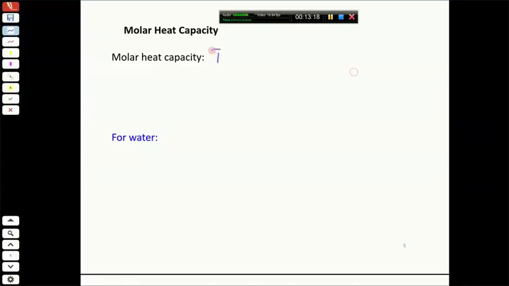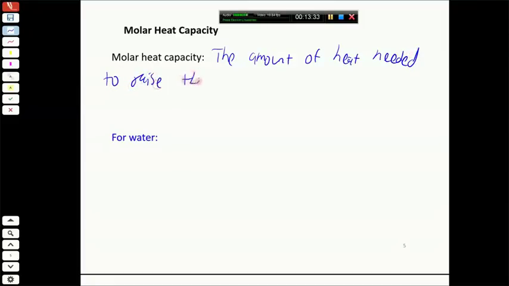So molar heat capacity, as I said, is the amount of heat needed to raise the temperature of 1 mole of substance by 1 degree Celsius or 1 Kelvin.